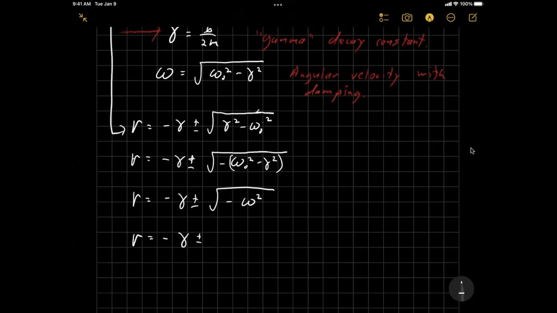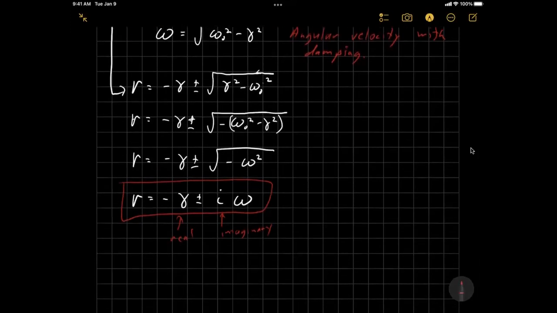We get plus or minus i, and since it's omega squared in a square root, we can bring out the omega. So this is complex because this part is real and this part is imaginary. All right, so this is how we'll define r as we move on.